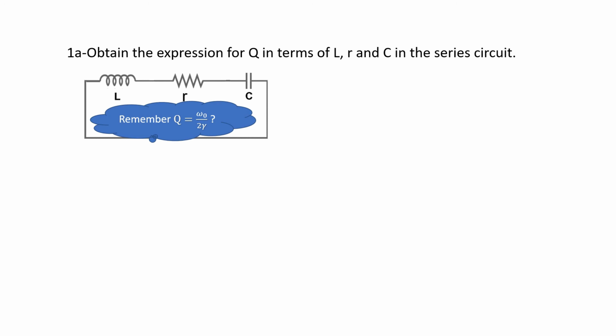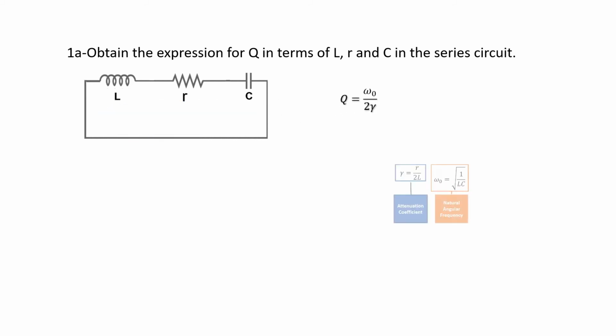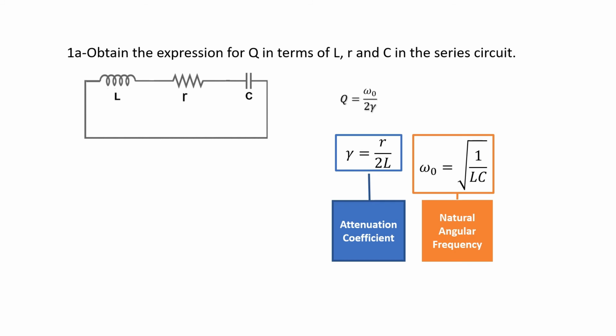Let's obtain the expression for Q in terms of L, R, and C in the series circuit. First, we must remember the expression for Q. Then, the attenuation coefficient and the natural frequency. Now we do the algebra. That's it.